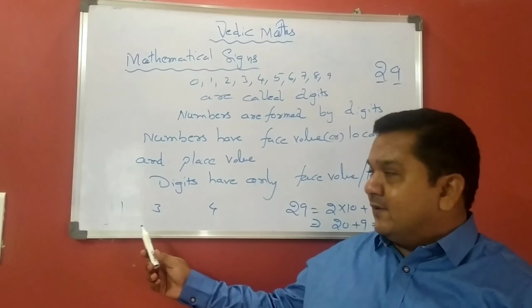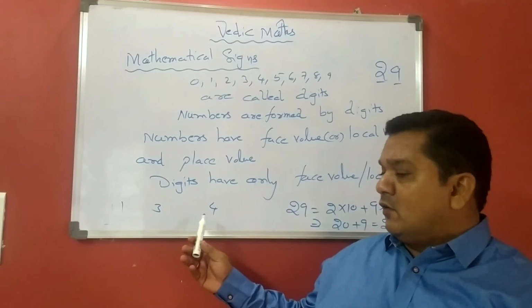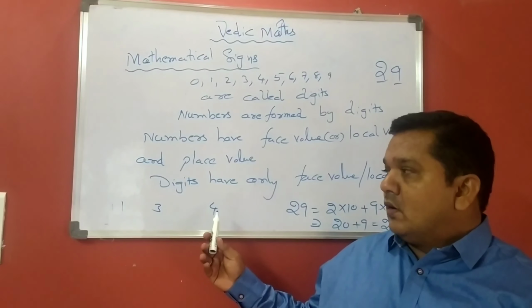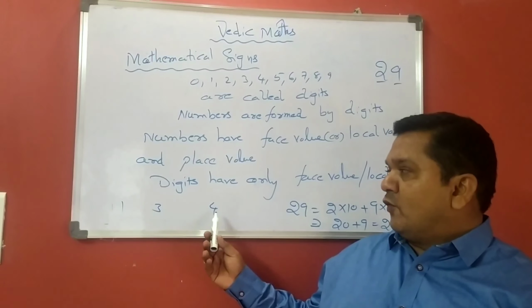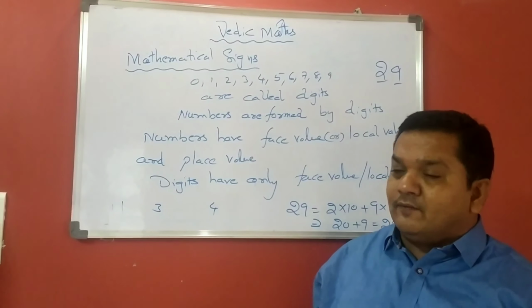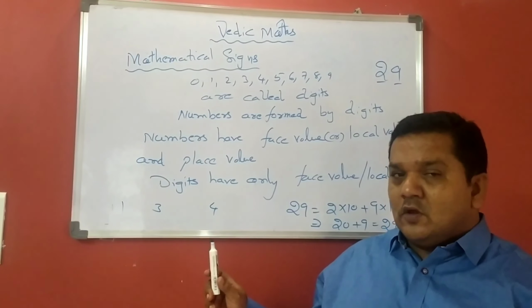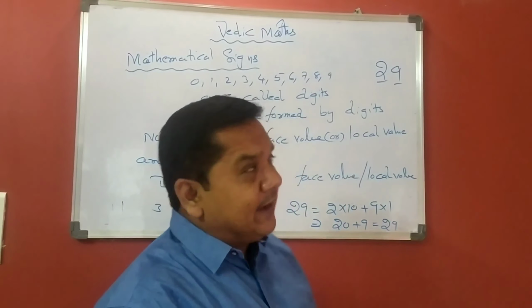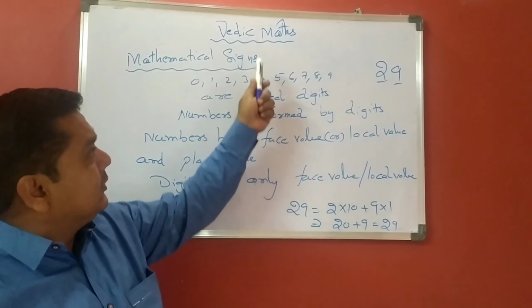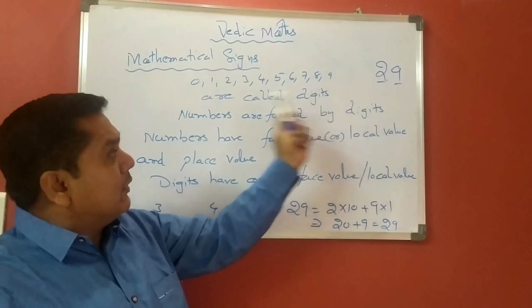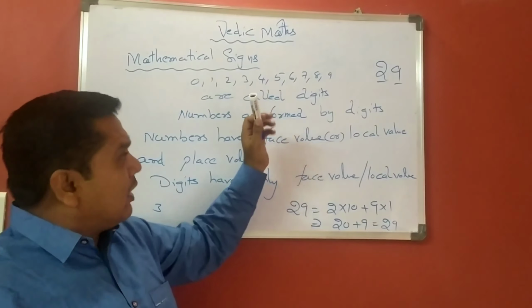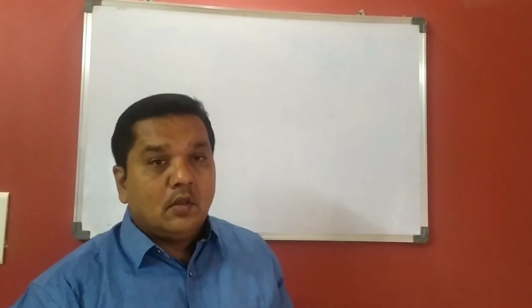It is called 3, it is called 1, it is called 4. So these are all called face values, not place values. You have to understand clearly. These mathematical signs are also called digits.